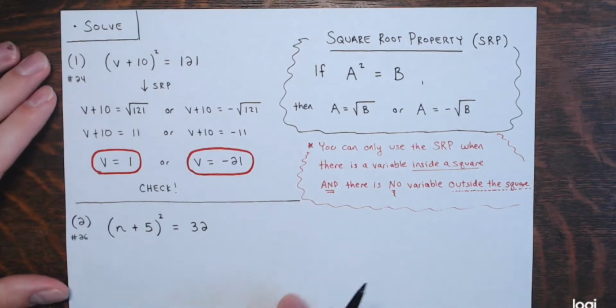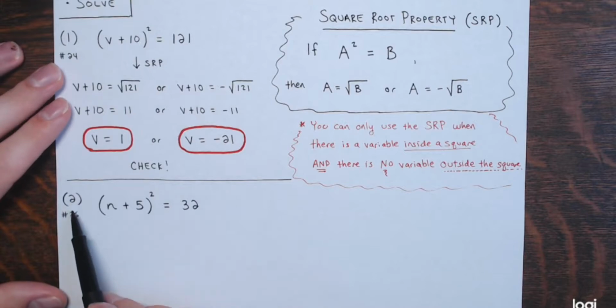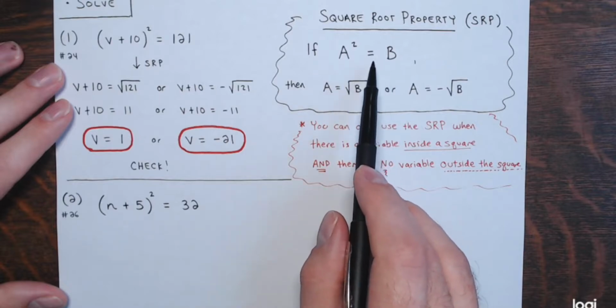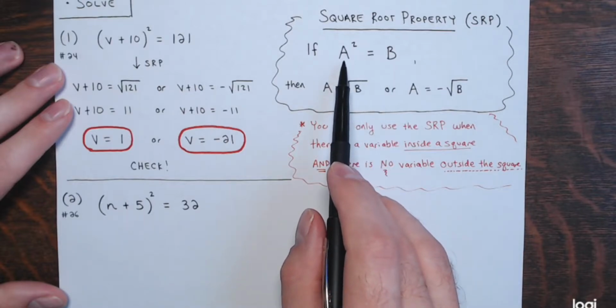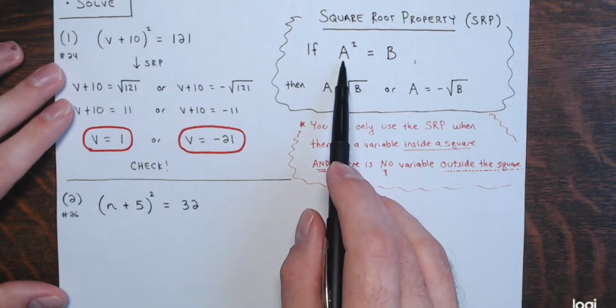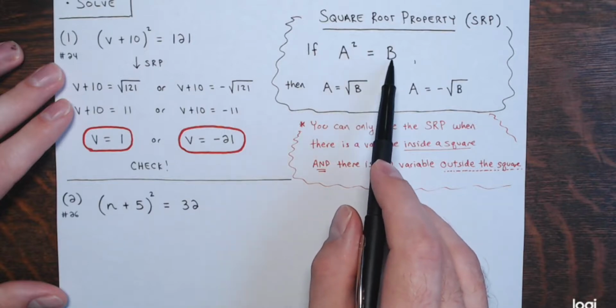Now the next question is the same kind of setup. This is number 2. It's exercise 26 from the text. It's set up the way I want to start, like I have here in the hypothesis of the square root property. I have some expression squared on the one side equals a number on the other.